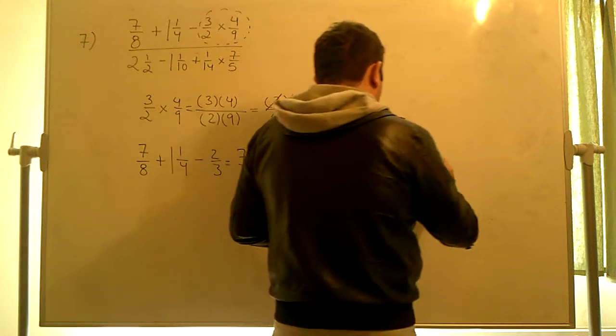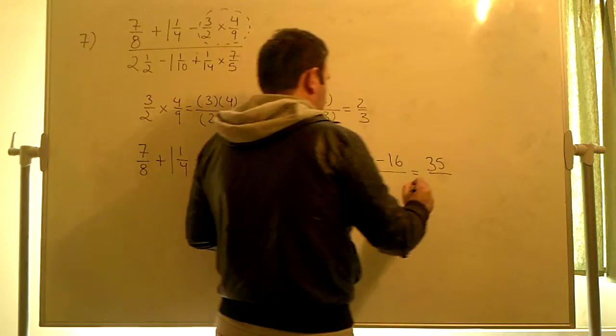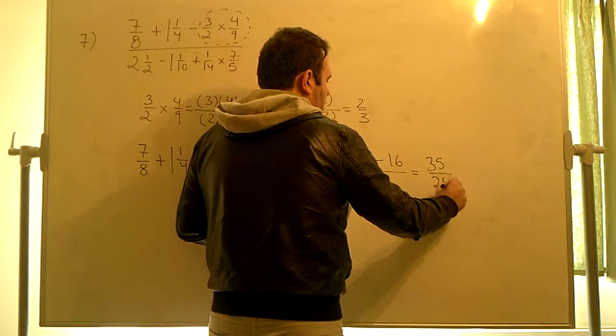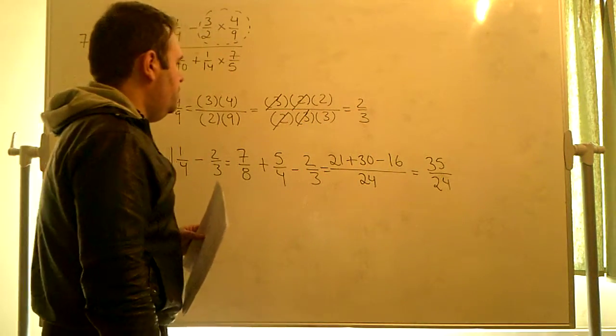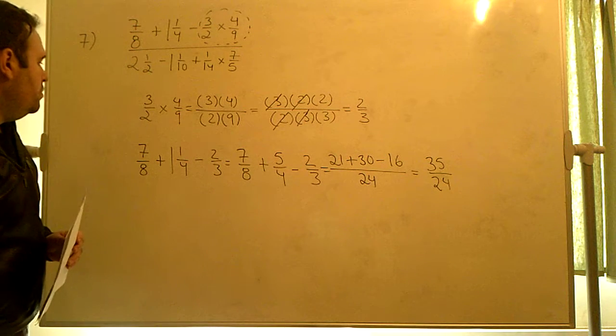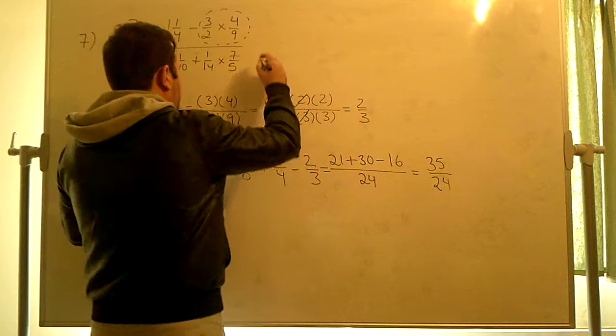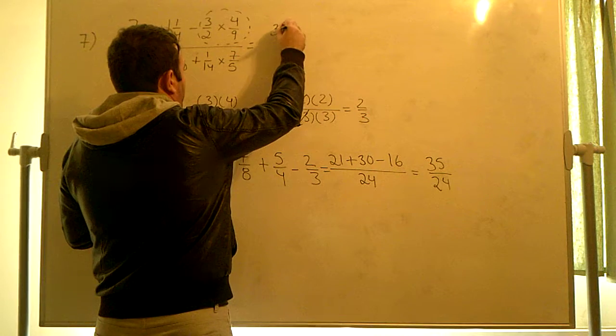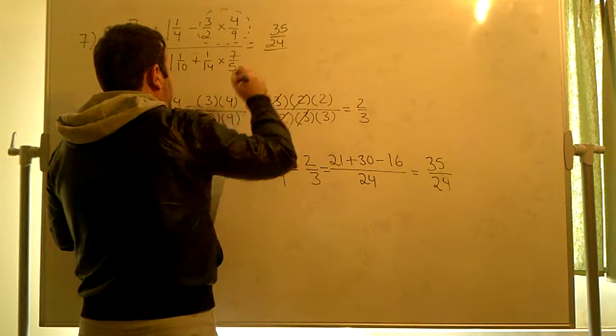And this will be 35 divided by 24. So we can write down here 35/24.